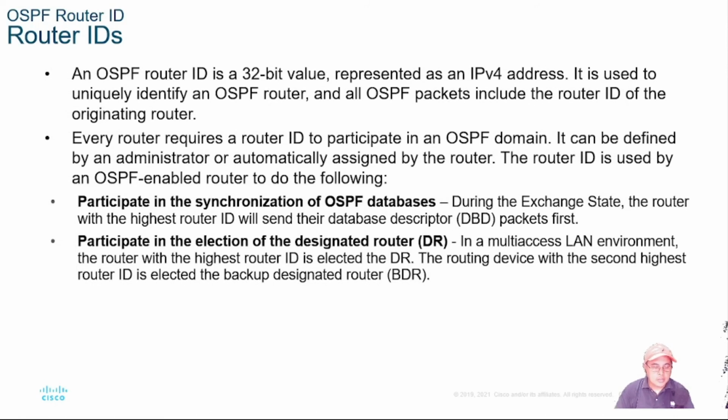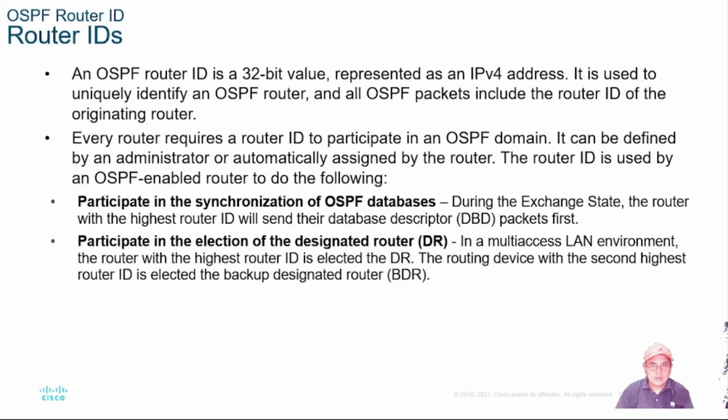Okay, the next is the router ID. The OSPF router ID is a 32-bit value, represented as an IP version 4 address. This is used to uniquely identify an OSPF router, and all OSPF packets include the router ID of the originating router.